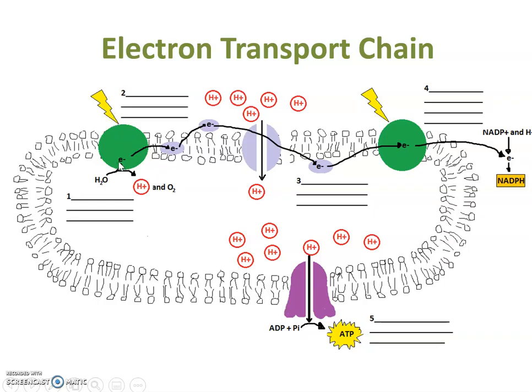One of the electrons given off from water is going to bounce around like a little bunny rabbit. An electron has a negative charge. That negative charge draws in more H pluses. These H pluses are going to be a big deal at the very end. So far we've given off some H pluses from water, and there are more H pluses coming in because of the negative pull of that electron.